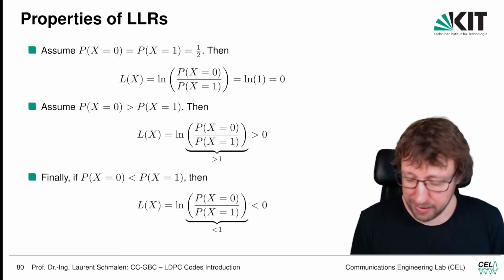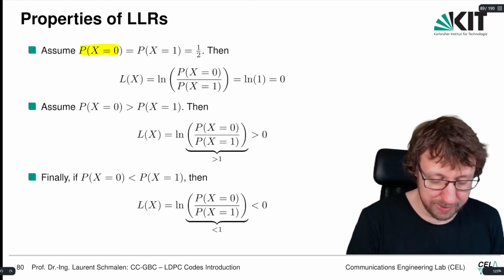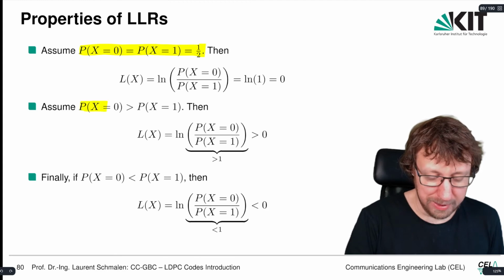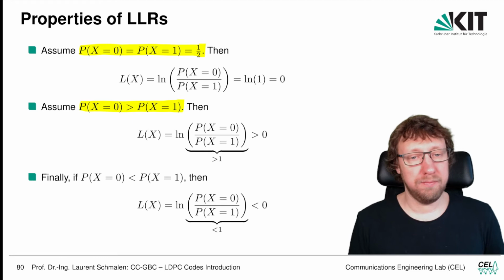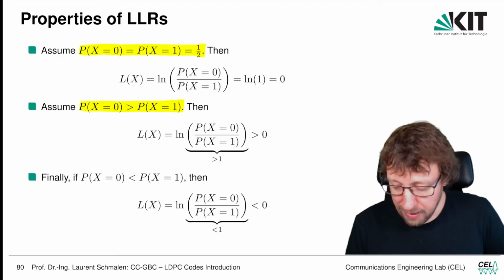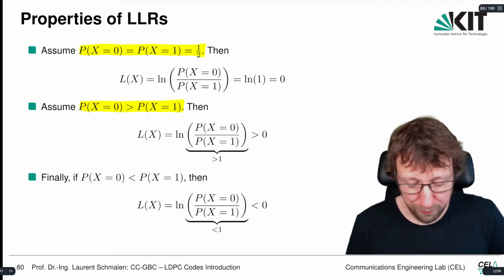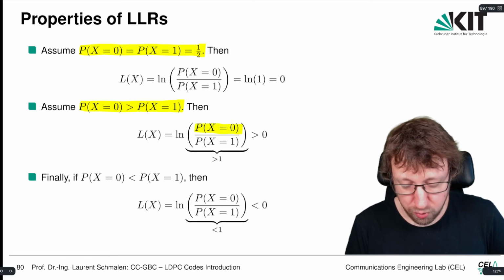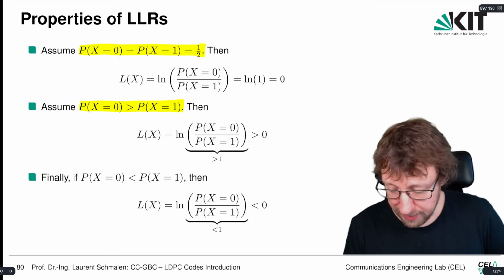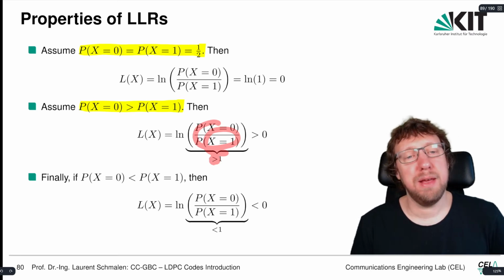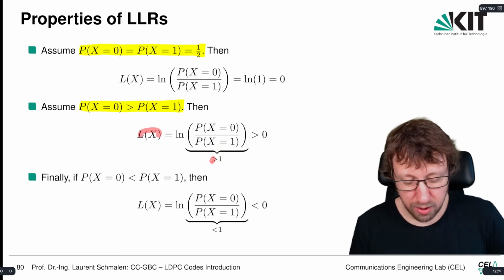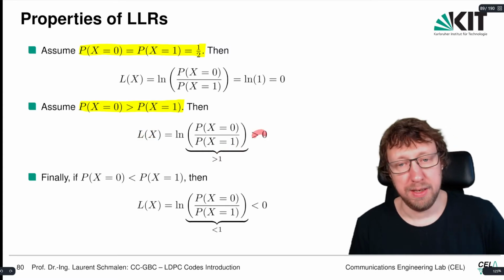Now let's assume that the probability that x equals 0 is larger than the probability that x equals 1. Then we calculate L of x, and because the numerator is larger than the denominator, this ratio will be larger than 1, and the logarithm of something larger than 1 will be positive.